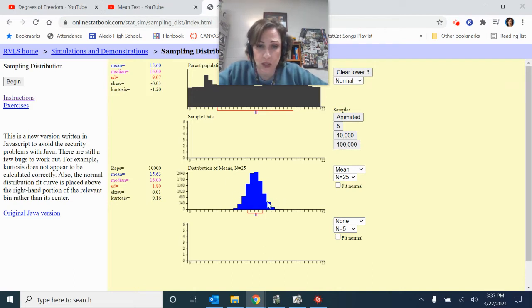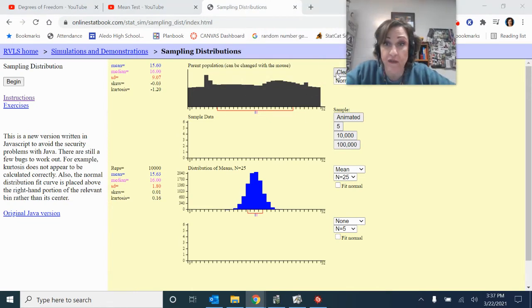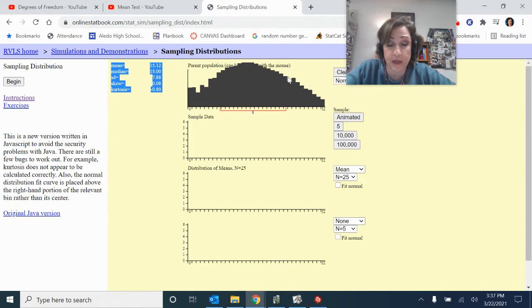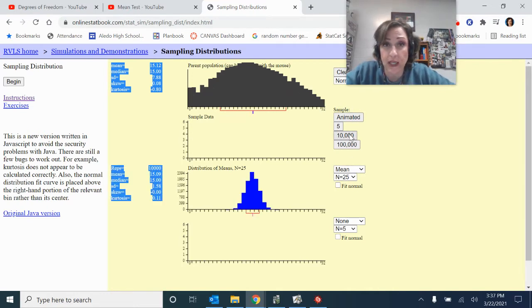Now, remember that this shape down here is made up of all the little X bars, these sample means. So this was our sampling distribution, the X bars, whereas this up here is made with the little X's. If this was normal or whatever, it doesn't really matter what it is, because if the sample sizes that we take are large enough, then it's going to come out to be approximately normal anyway.